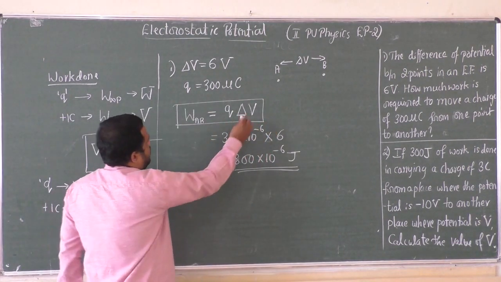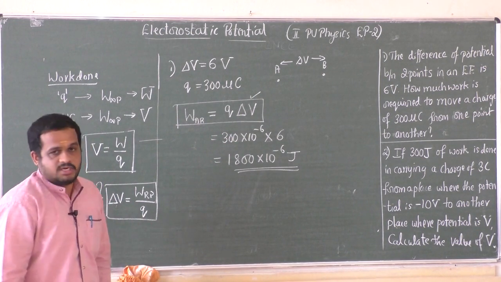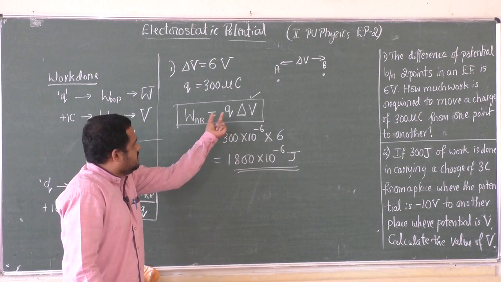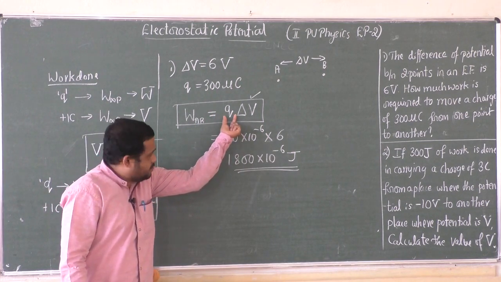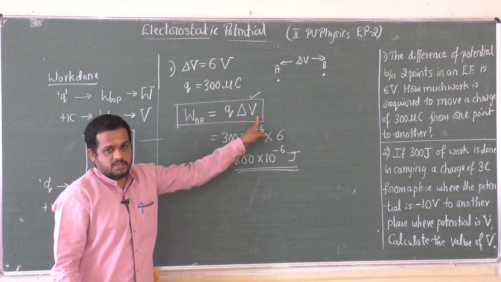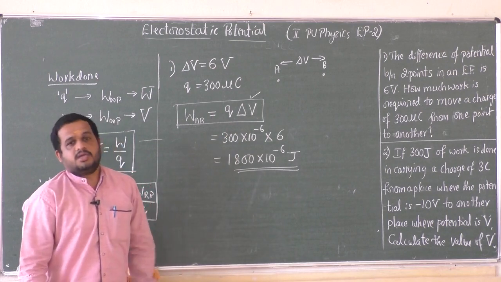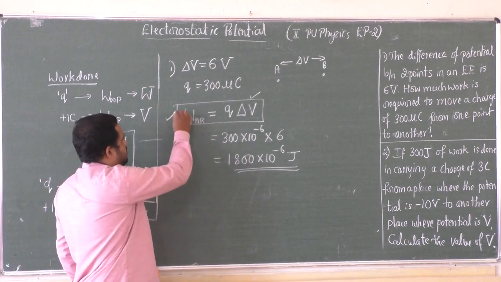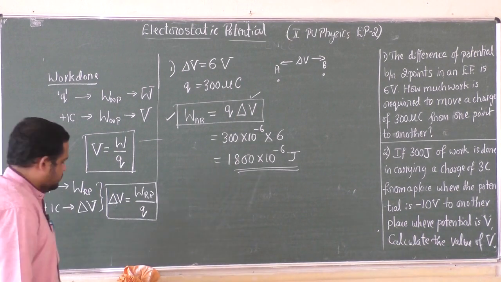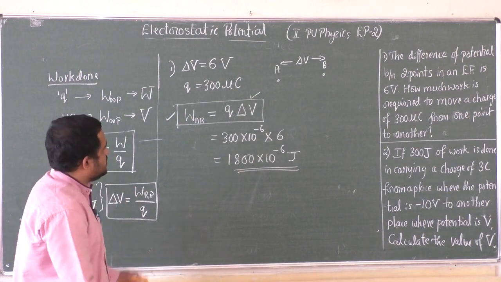If you know the value of potential difference between 2 points, then amount of work done in shifting a charge of magnitude Q between those 2 points is given by this equation. Work done is equal to magnitude of charge multiplied by potential difference. Important equation, and this is the answer. I think it is clear.